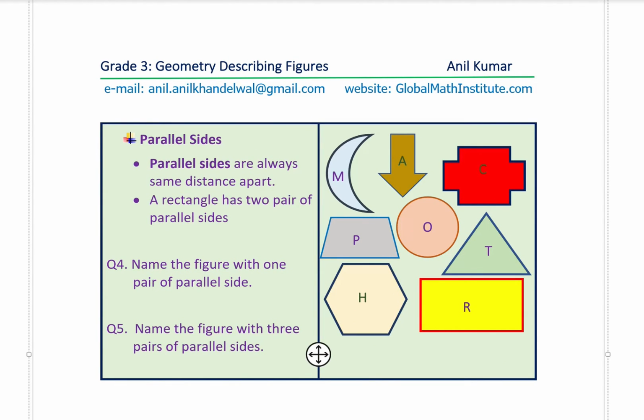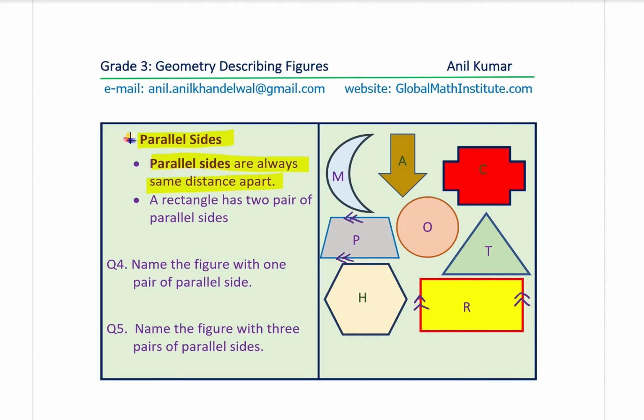Now let's look into what parallel sides really are, correct? So here is how we define parallel sides. Parallel sides are always the same distance apart, right? So for example, in this particular case, you will see that these two are parallel sides. They are the same distance apart. Here also we have these two as parallel sides. We see a pair of parallel sides.